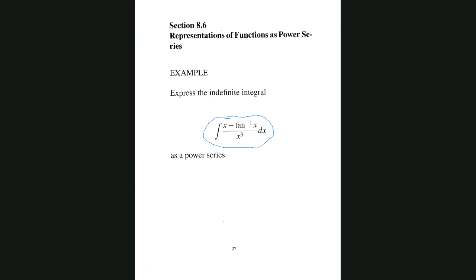So if we're going to express the integral as a power series, then we have to find a power series for the arctangent of x. And what we can do is recognize that the arctangent of x happens to be the integral of 1 over 1 plus x squared dx.